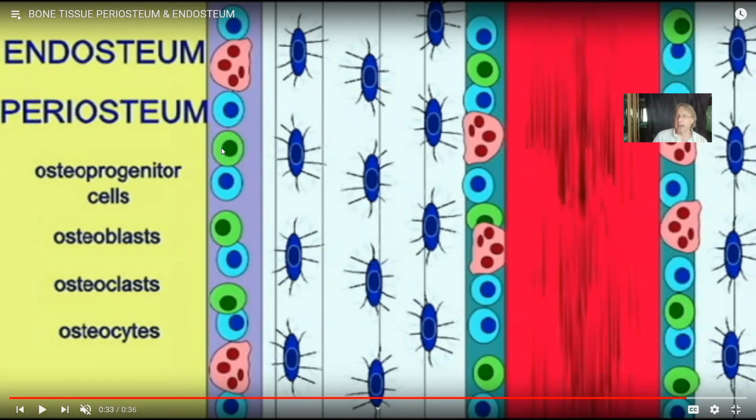Osteoprogenitor cells in the outer coverings can result in the production of either bone or cartilage. Bone can actually then have more of this in what's called endosteum, deeper inside the bone around, say, blood vessels, but I'll mention that again presently.